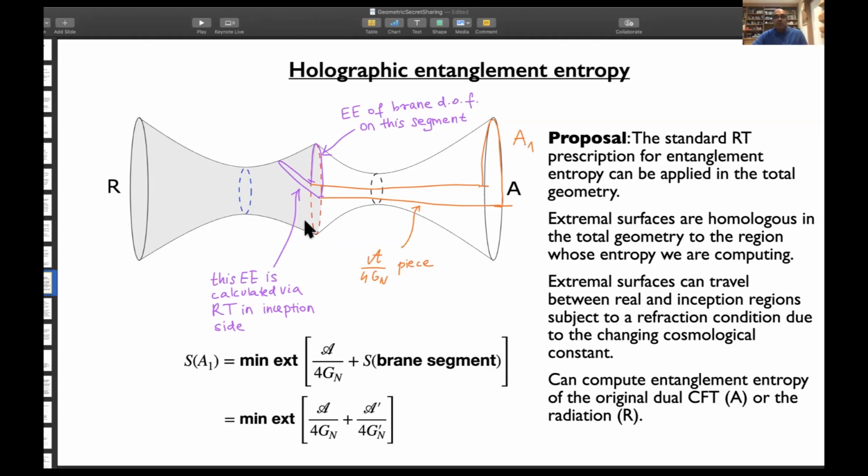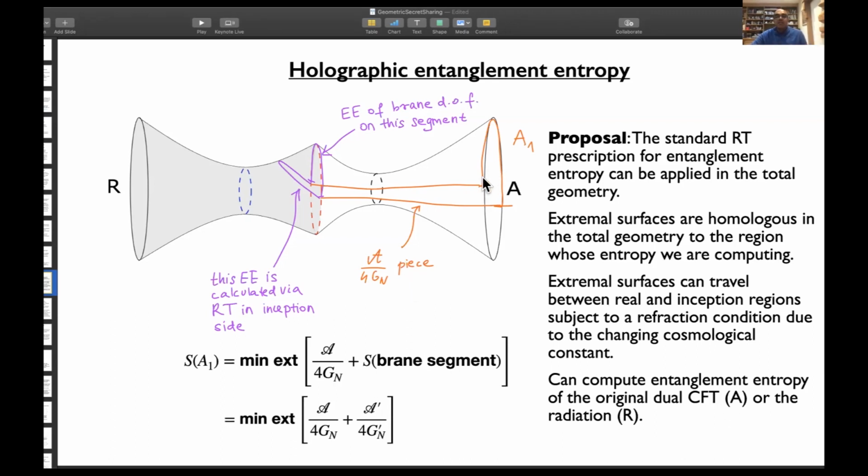But of course, there will be some sort of refraction condition imposed by the fact that the cosmological constant may be different between these two regions. You have to compute the geodesic in the geometry that's actually there. And then the idea is that the entanglement entropy that you compute for, let's say, this region A1 is going to be the minimum over the total area.